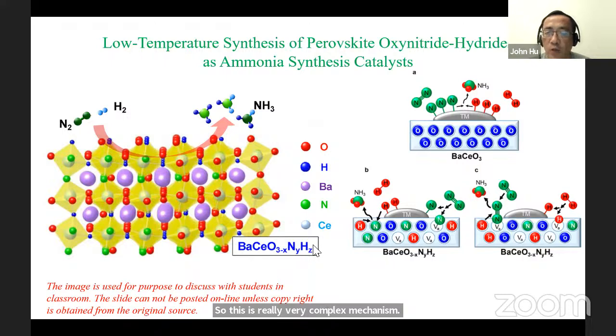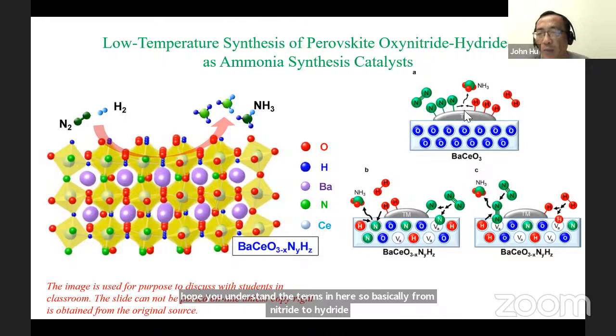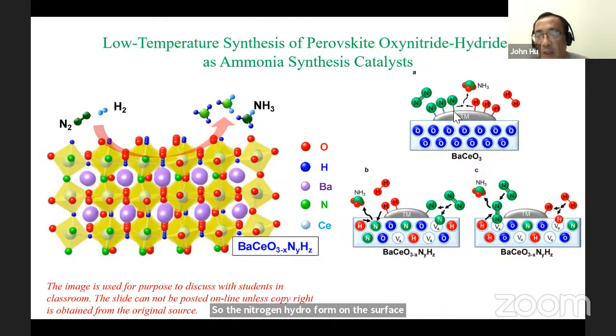So basically, you form nitride and hydride. When nitride and hydride form on the surface, they find the counterpart. Nitrogen finds the hydrogen. If nitrogen finds the nitrogen, they will go back to N2, all right? If hydrogen finds the hydrogen, they'll go back to H2. That's possible. But the key is you want to enable nitrogen and hydrogen on the surface to make this ammonia. I'm talking about the upper right corner.